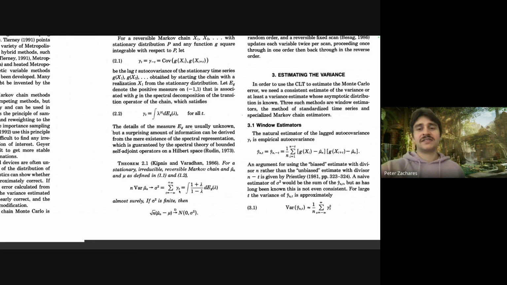They call this the asymptotic variance, or the term he uses to distinguish it, he starts calling it later on the asymptotic variance. But yeah, it means that it's no longer the variance of the distribution you're trying to estimate. Instead, it's this sum of your autocovariances.